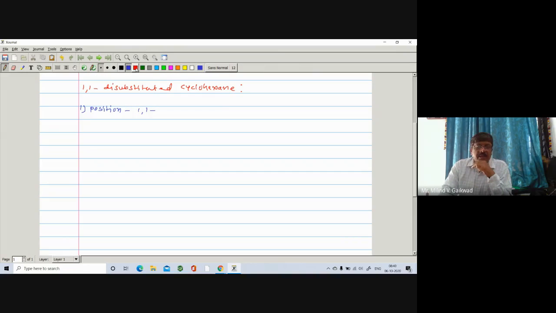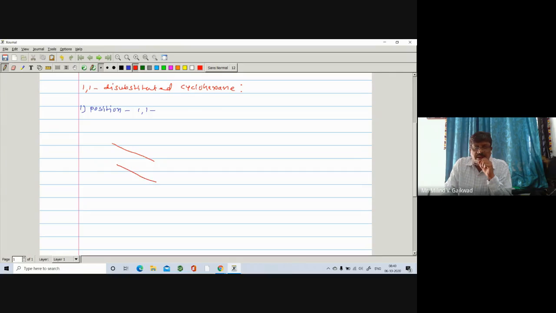Now here, for writing the structure, we have learned already in the BSc second year how to write down the structure of that compound. So here what you have to do, you have to write two parallel lines, right? You have to write two parallel lines like this one. So one, right, and these are two.